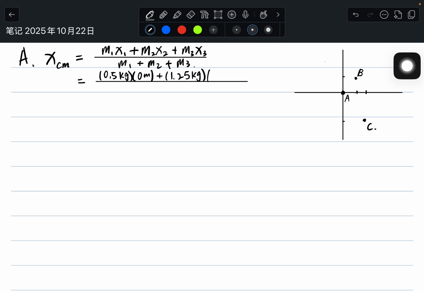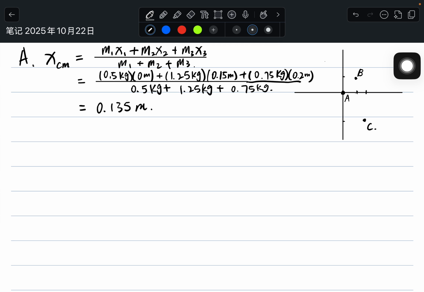There we go. Plus 0.75 kilograms times 0.2 meters, divided by the sum of mass, 0.5 kilogram plus 1.25 kilogram plus 0.75 kilogram. After the calculation, we get an x coordinate of the center of mass of 0.135 meters.